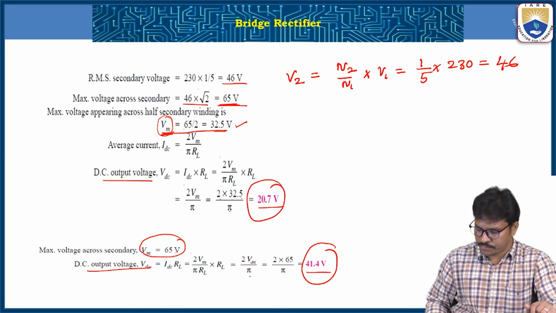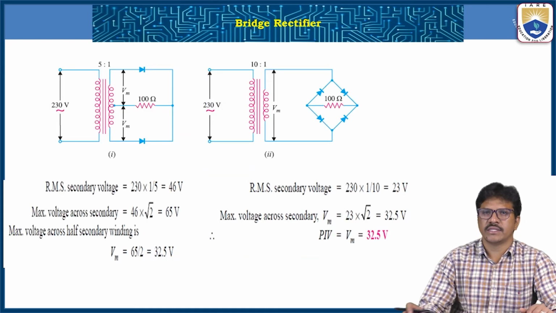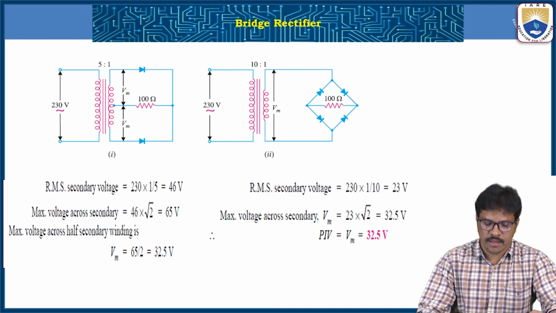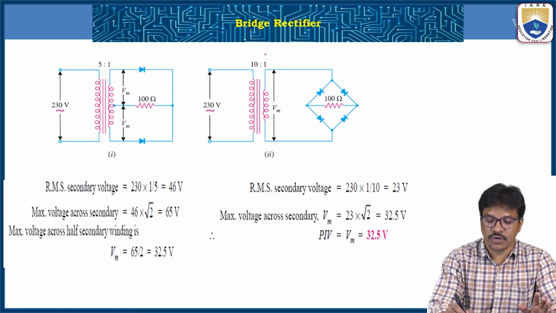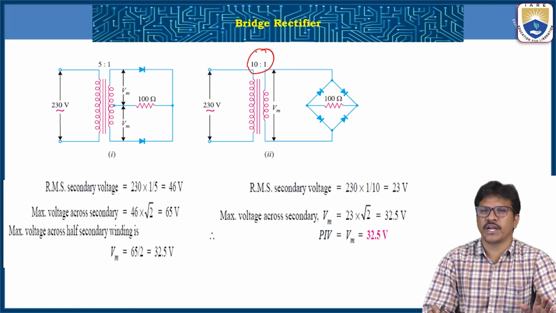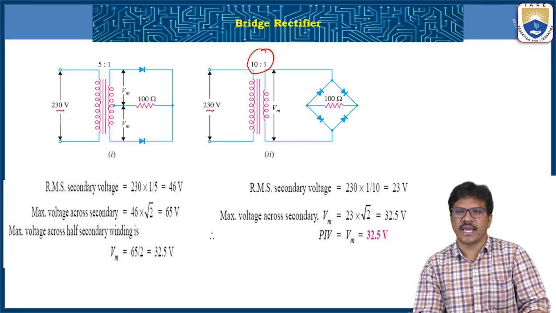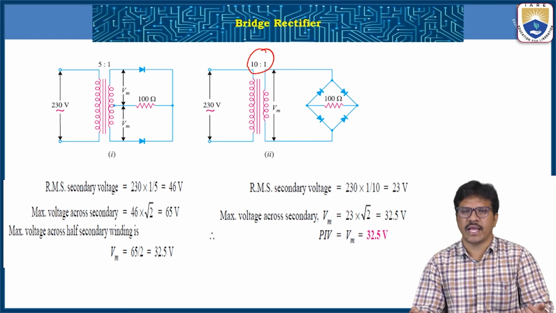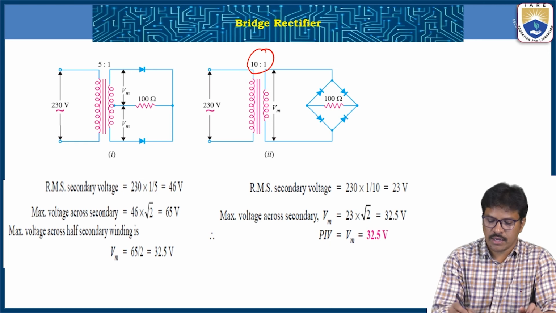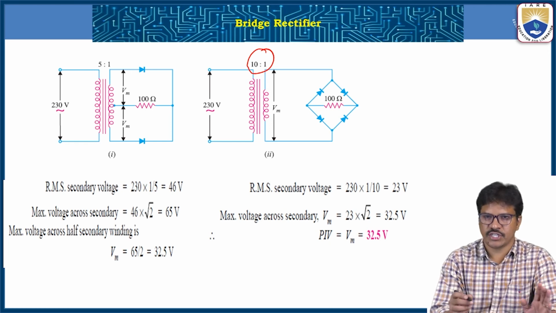Okay. Now let us see the other case. If you change the transfer ratio to get the same DC voltage, what will happen? Now I am changing the transfer ratio to get the same DC voltage.